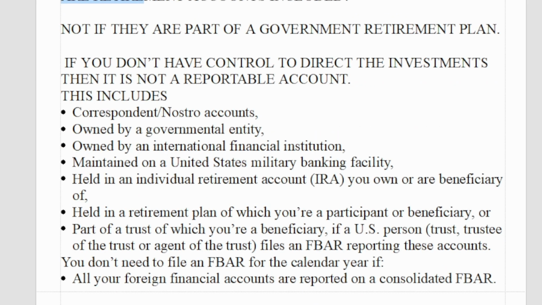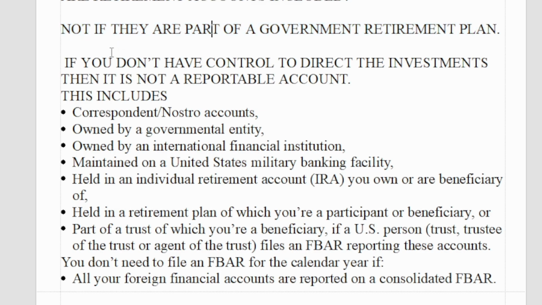Now, a lot of people ask if retirement accounts are included in this. They are not included if they are part of a government retirement plan. So if the plan is kind of like Social Security, where you just get a check from the government, but you don't actually decide where to direct investments, then that is not a reportable account.